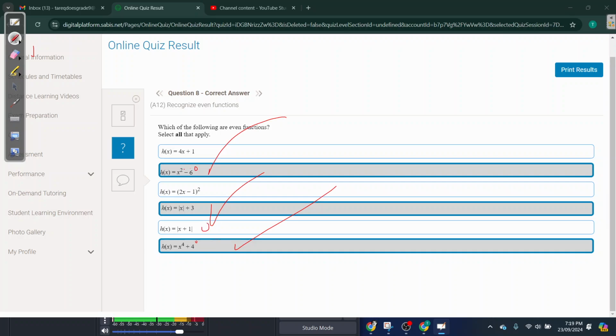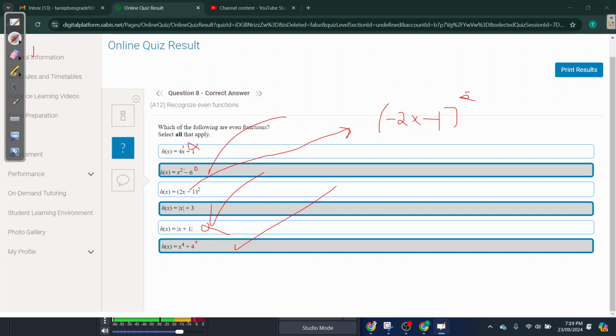Now, 4x plus 1, this is not going to satisfy it. It has a degree of 1, so it's not correct. This one, you are going to have to test yourself. So let's test it. Okay, so this is going to be negative 2x minus 1 squared.